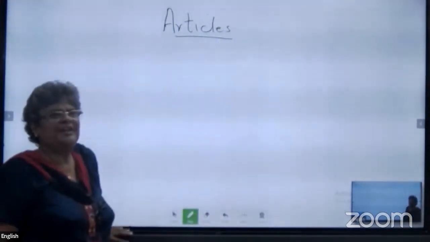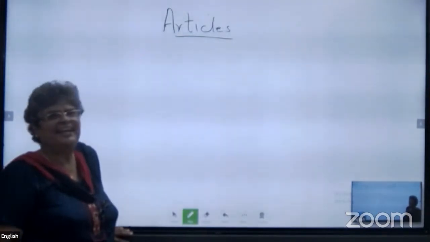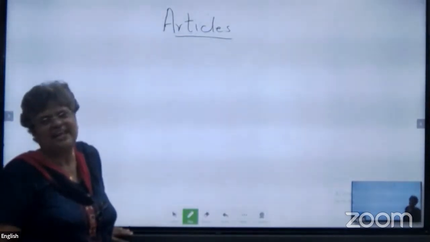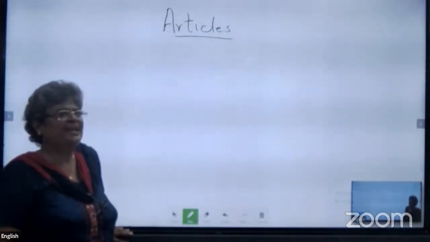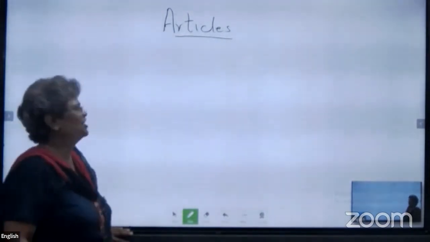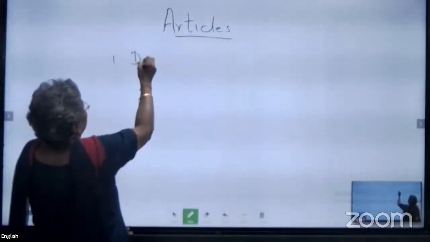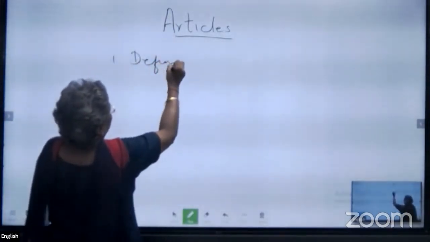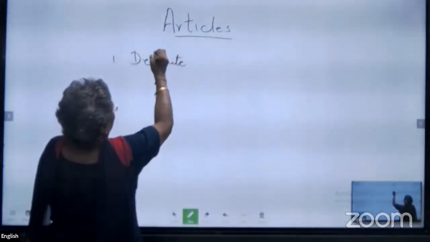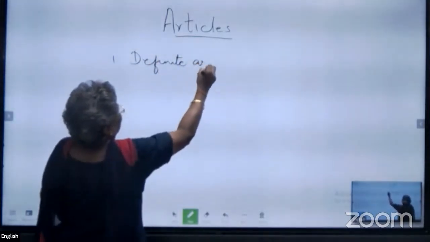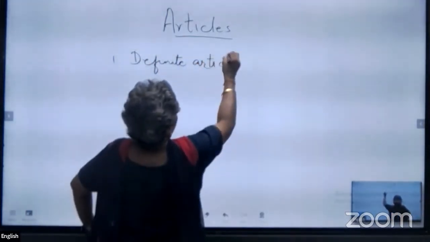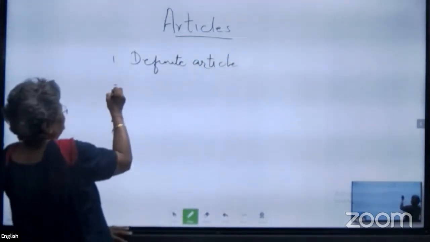When we ask children how many articles there are, they immediately say 3. And what are they? A, an and the. Actually, there are 2. One is the definite article, and the other is the indefinite article.